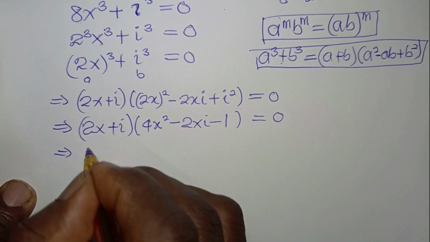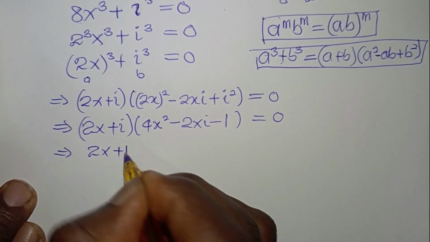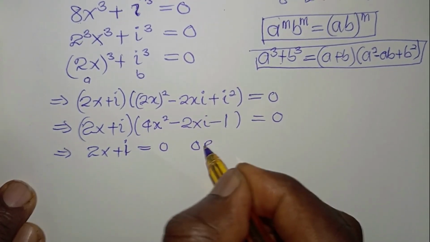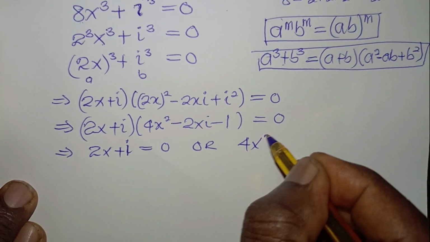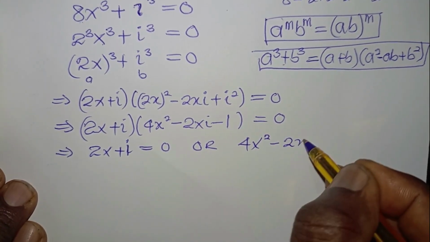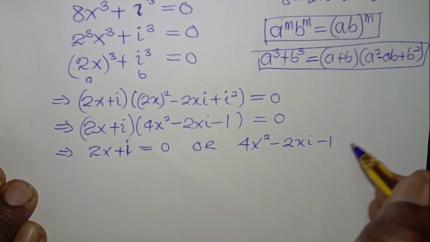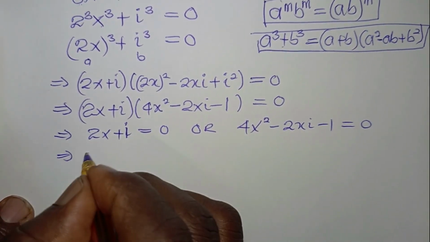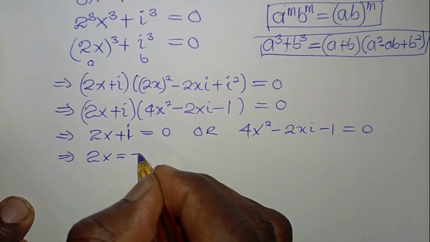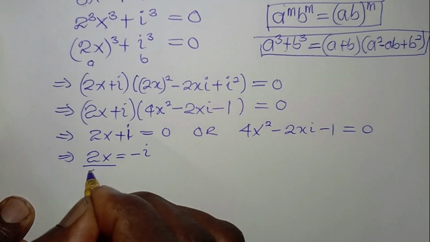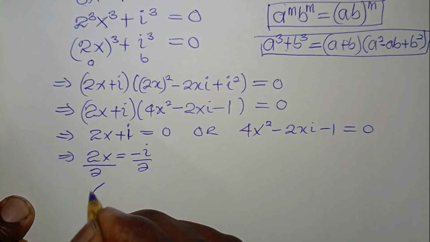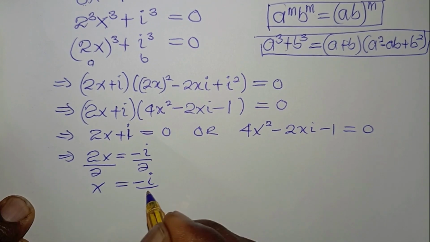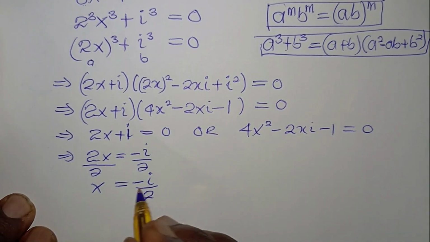This implies 2x plus i is equal to 0, or 4x squared minus 2xi minus 1 is equal to 0. So here we have 2x equals minus i. Divide both sides by 2, and we get x equals minus i over 2. So that is the first solution.